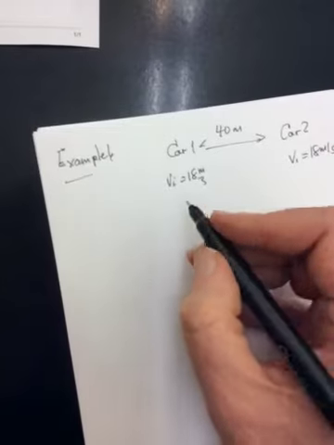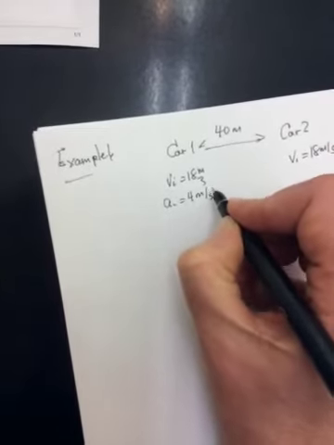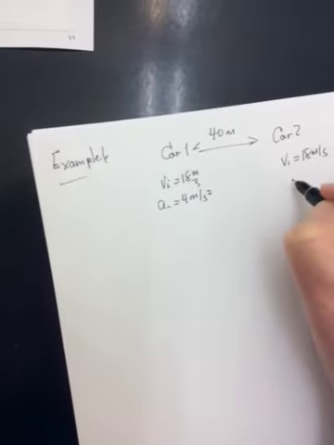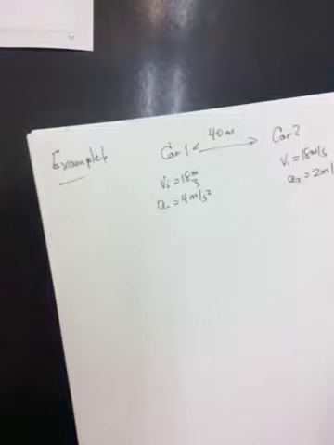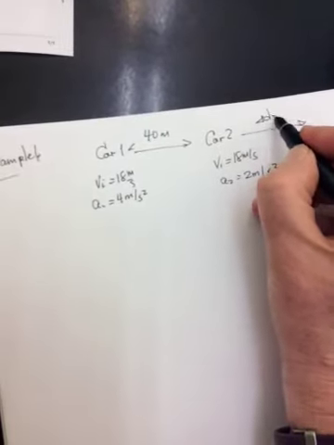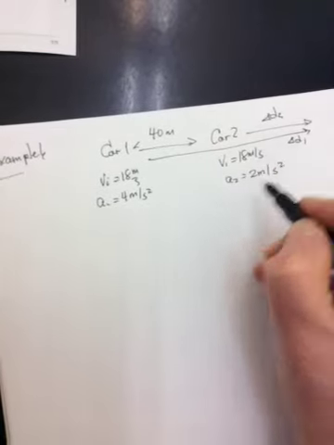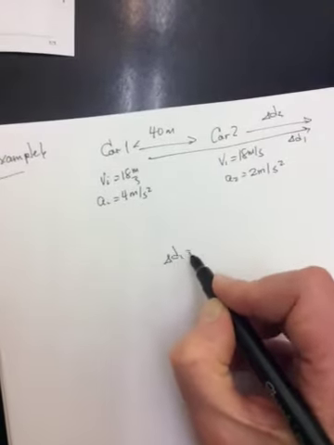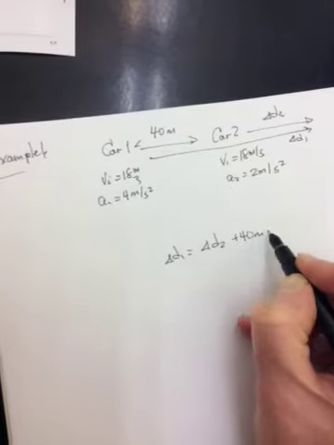The one behind decides to pass and accelerates at a rate of 4 meters per second squared. The other doesn't like this, so A2 also accelerates at 2 meters per second squared. Okay, so remember, this will be delta D2, and this will be delta D1. So it means delta D1 is equal to delta D2 plus 40 meters. Okay?